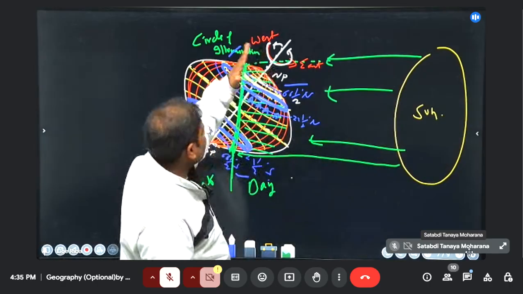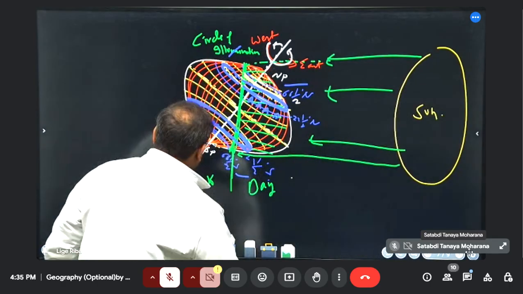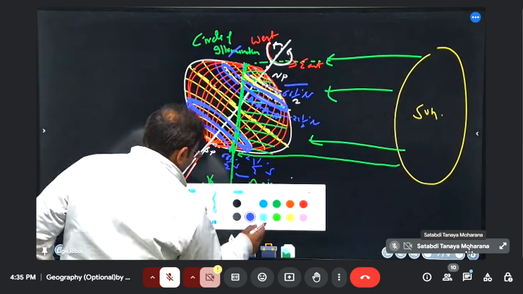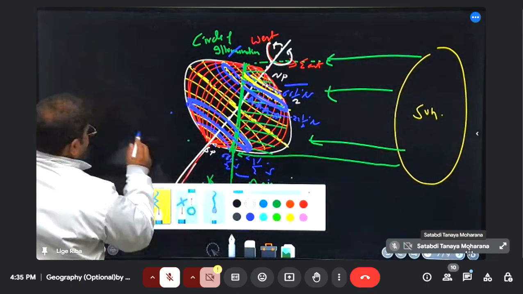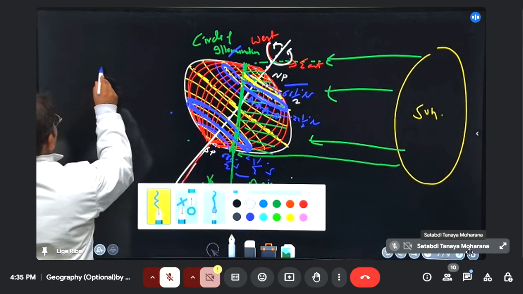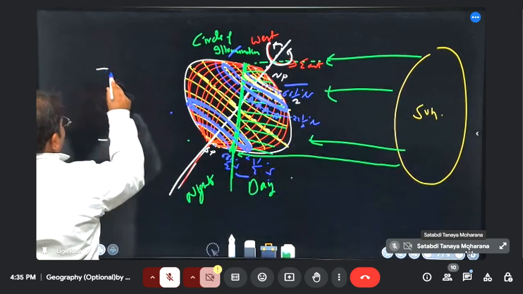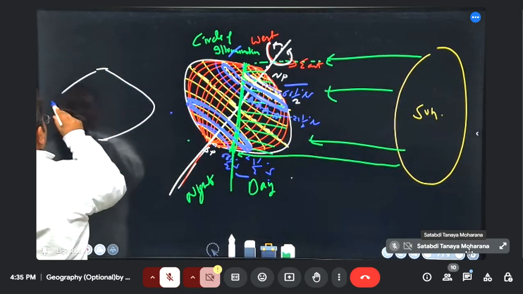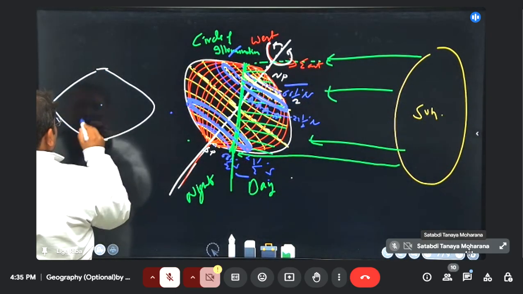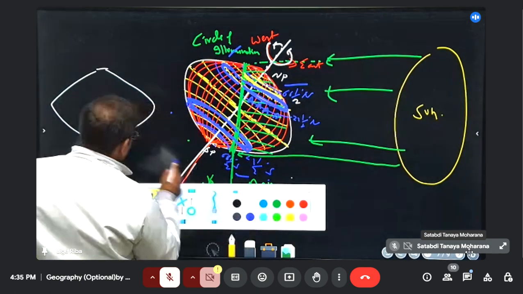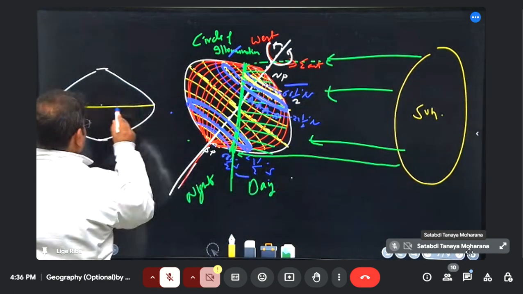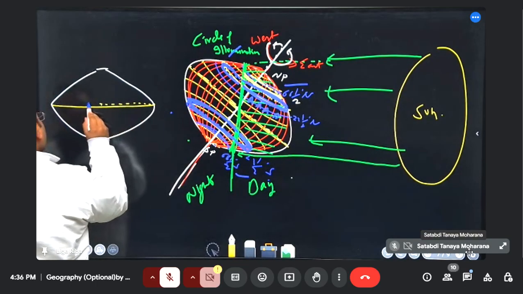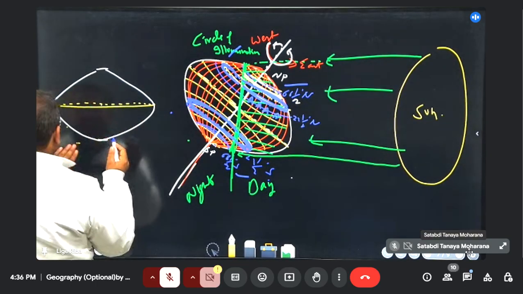What if it were perfectly straight? You can think yourself. Make a straight earth like this way. Here is the center. So make latitudes. Equator. Dotted line is from the backward side.